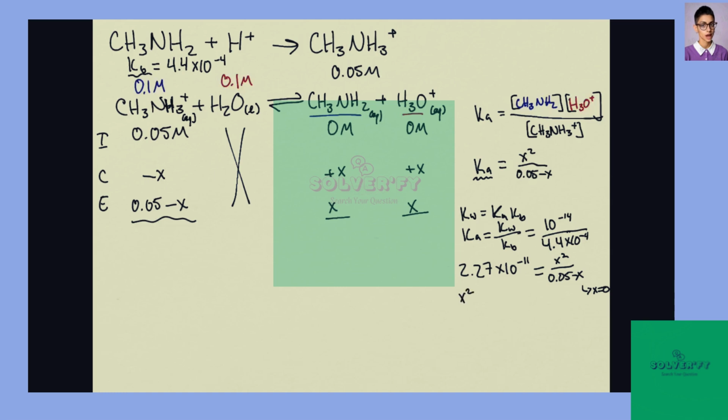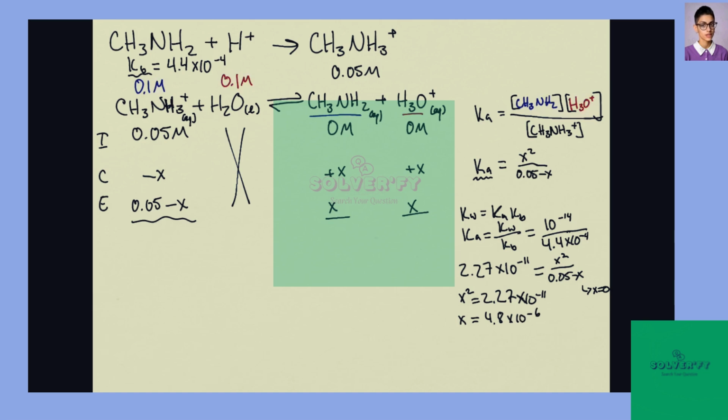So x squared equals 2.27 times 10 to the negative 11th. And we can make this assumption as long as we check at the end that it's valid. So if x squared is 2.27 times 10 to the negative 11th, then x is the square root of that, which is 4.8 times 10 to the negative 6th.